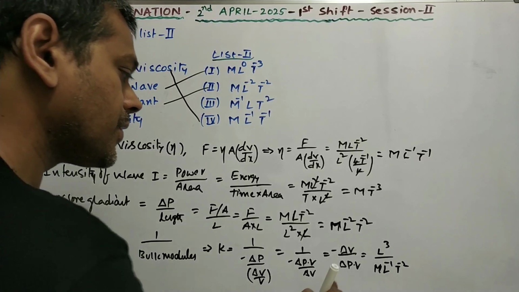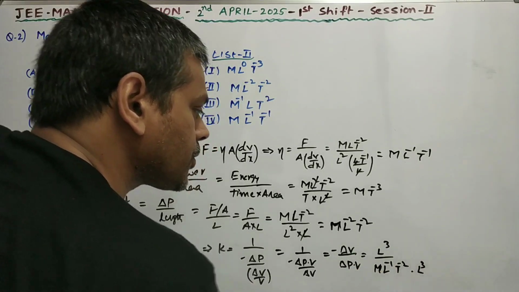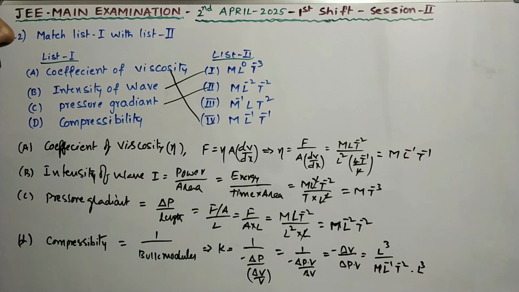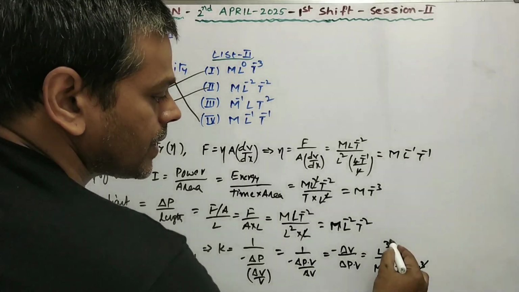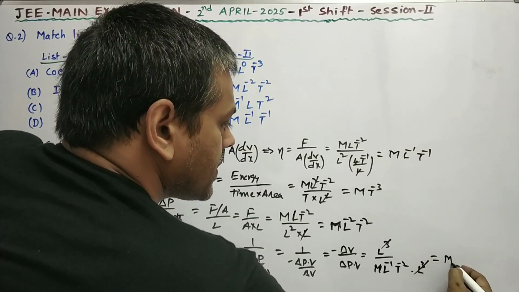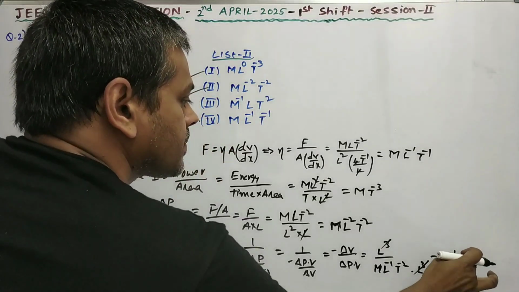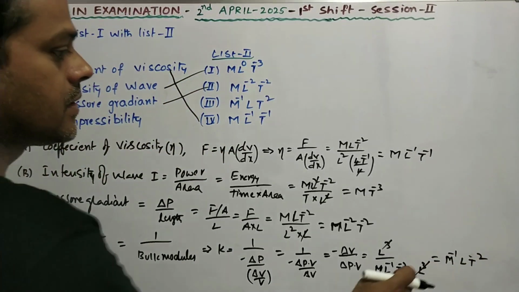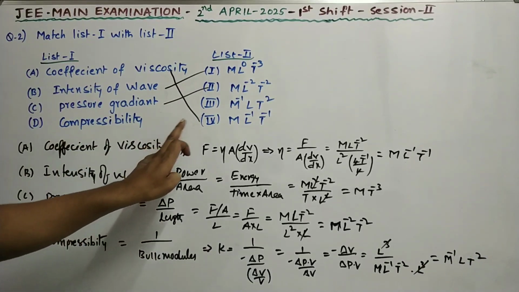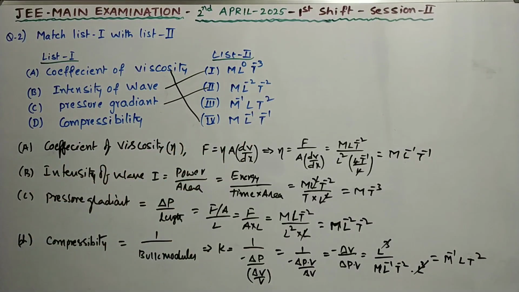So we get M power minus 1 L T square. In the given options, M power minus 1 L T power plus 2 is the correct match for this question. Okay, right. Thank you.